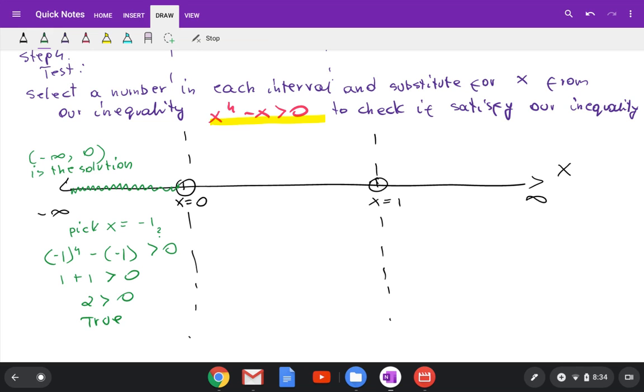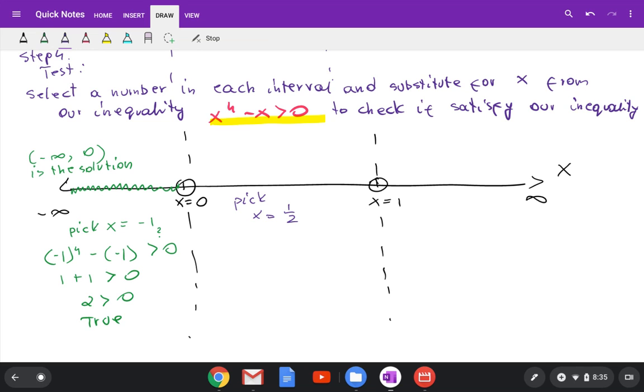Next, you're going to do the same thing for the second interval. Your second interval is from 0 to 1. So you have to pick x which is in that interval. Pick a number from 0 to 1. I'm going to pick x equals 1/2.